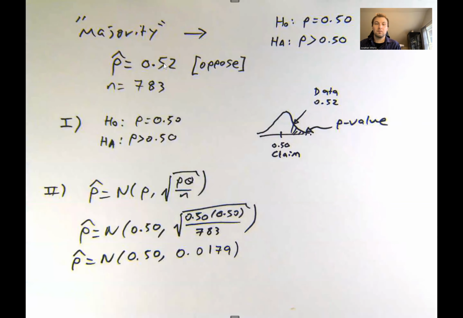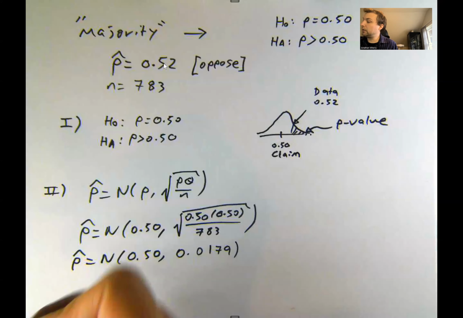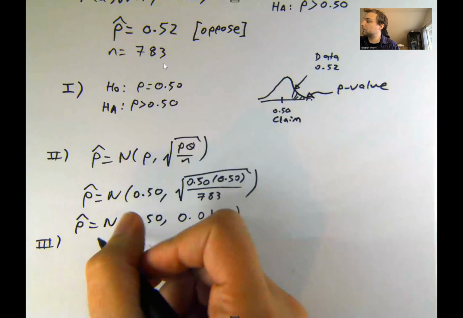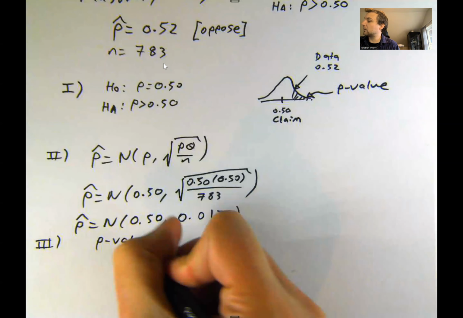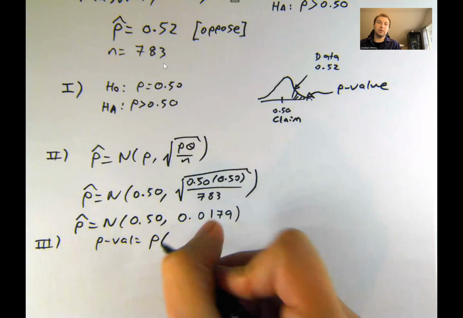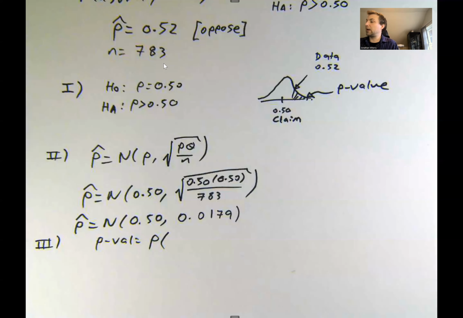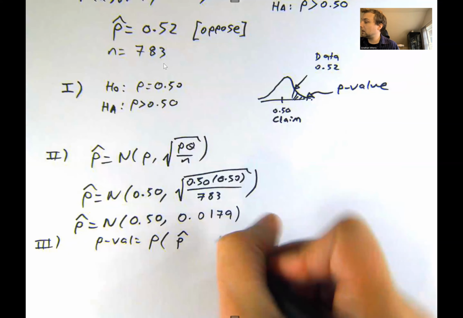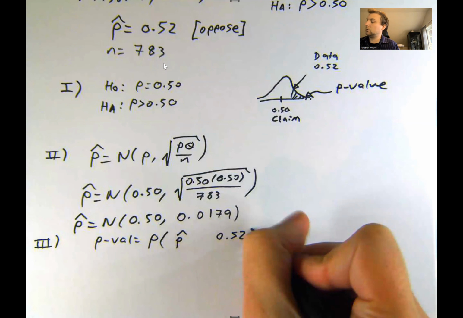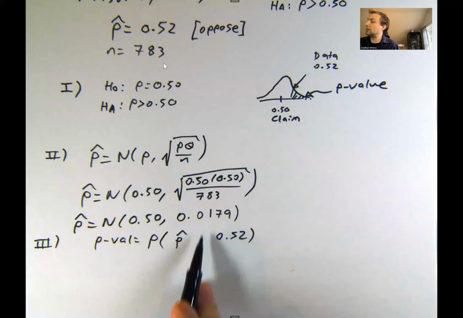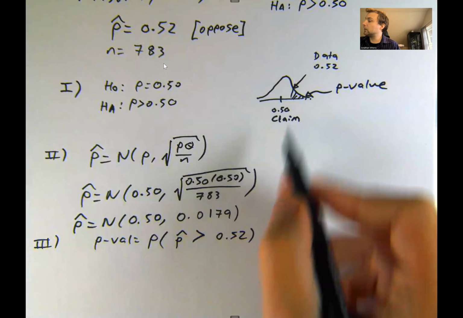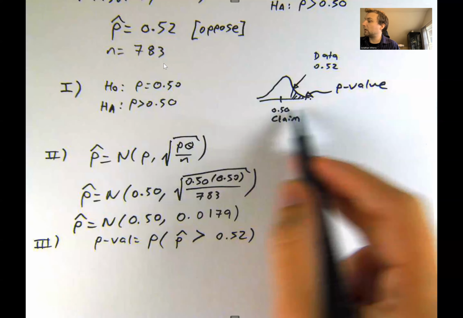My third step is my p-value step. The p-value is the likelihood, I'm looking at the probability of my sample data. Well, my sample data was the success rate of 52%, or more extreme. I'm using the symbol from the alternative, so I'm looking at greater. If the null hypothesis is true, I want it on this model.